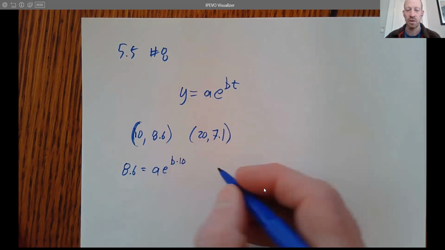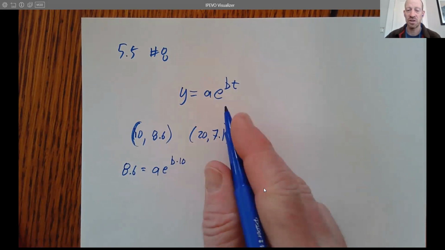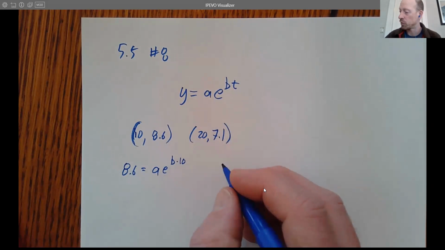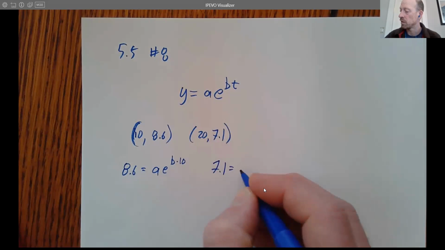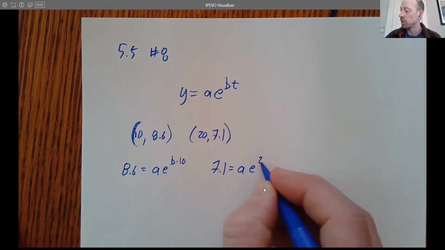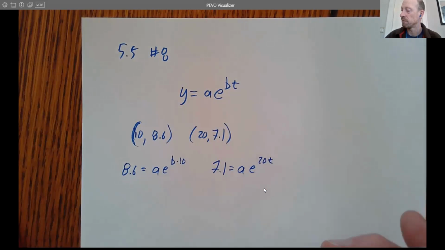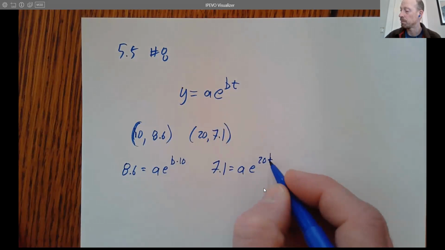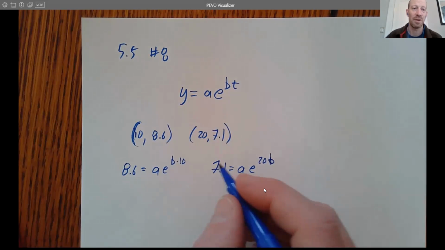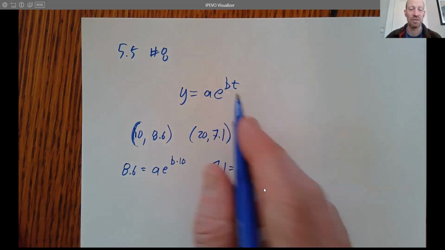And if I put this information into the model, I get 7.1 equals A E to the 20B. Maybe it was better to do B times 10, kept the order the same here.